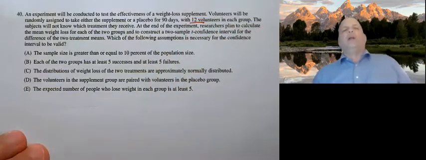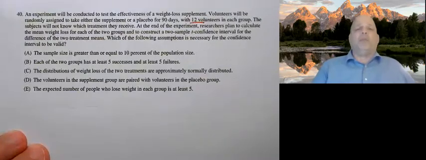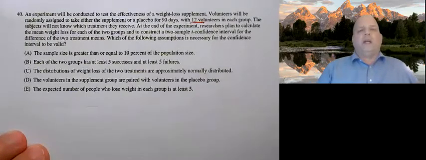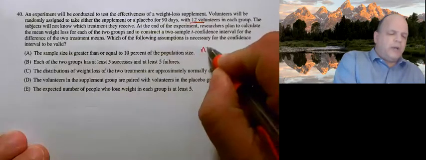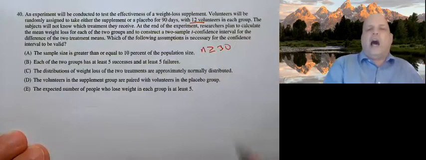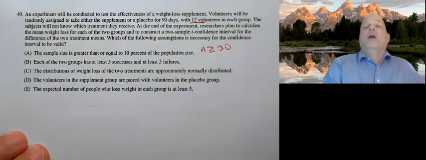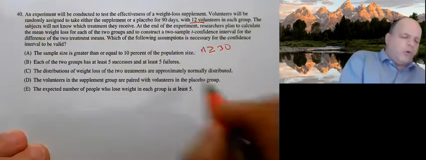All right, so real quickly, we need random samples. Well, they're randomly assigning them, so that's good. Our sample size n needs to be greater than or equal to 30, which it's not. And since our sample size is not greater than or equal to 30, we have to check to make sure that the distributions are normal.